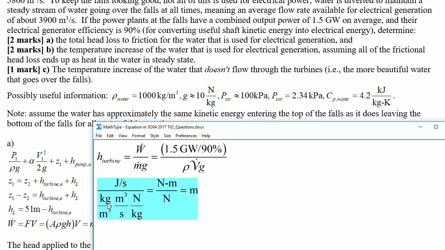The effective head loss that happened because of the turbines is going to be determined by this formula after we substitute in everything that we were given here. And we would expect that it's going to be somewhat less than 51 meters. Let's see what we end up with.